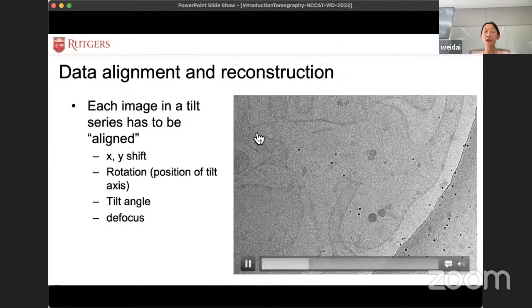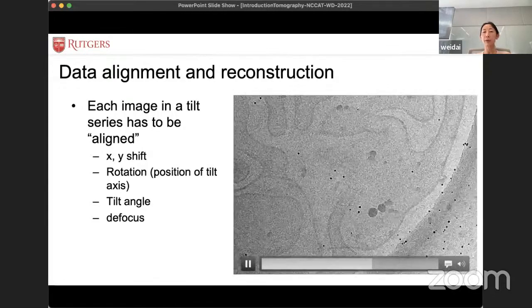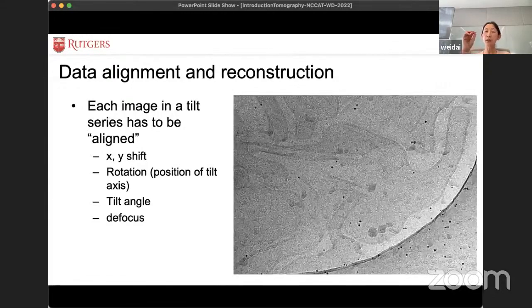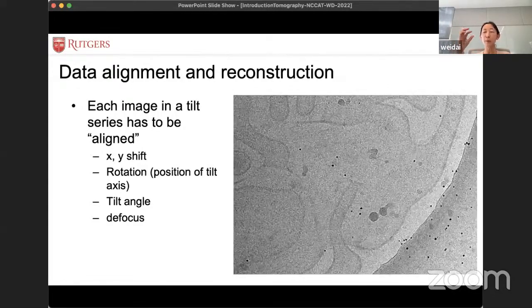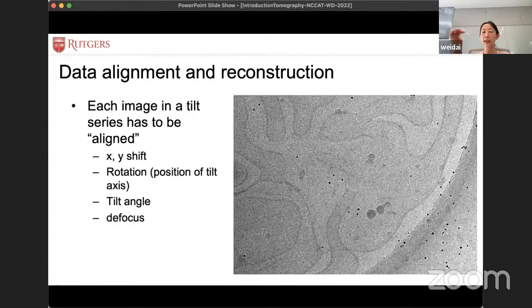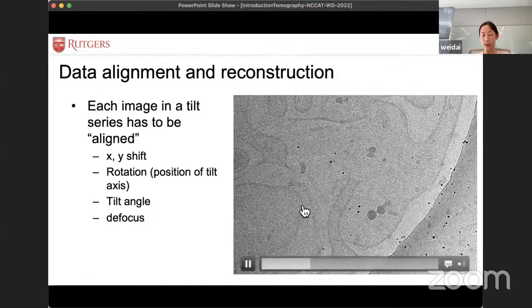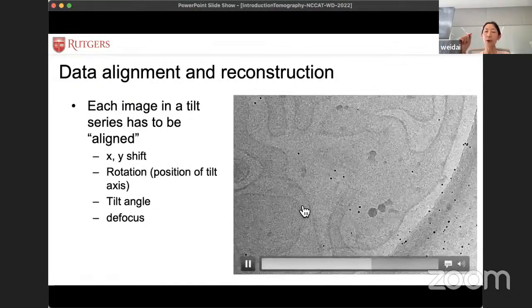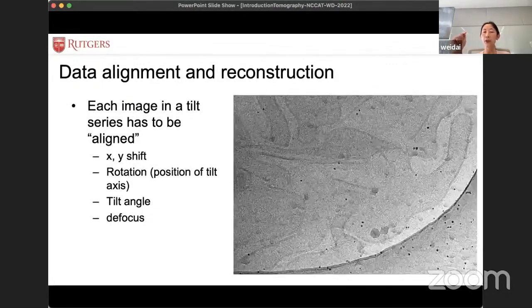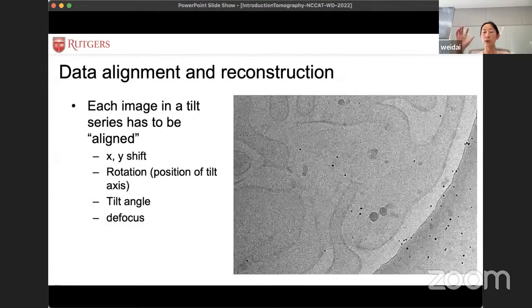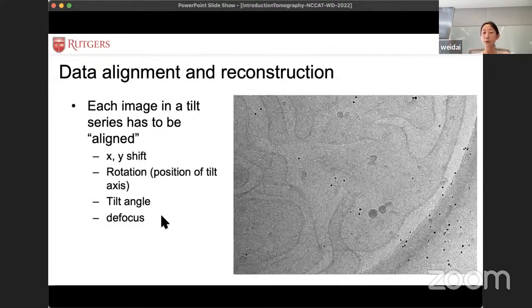And then each image in the tilt series represents some structural information of your specimen from a particular orientation. That orientation is defined in the tilting angle of the image. That parameter, you also want to incorporate into your final reconstruction to get a reasonable 3D map.